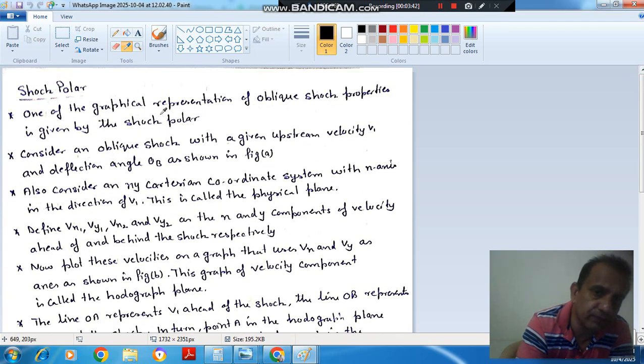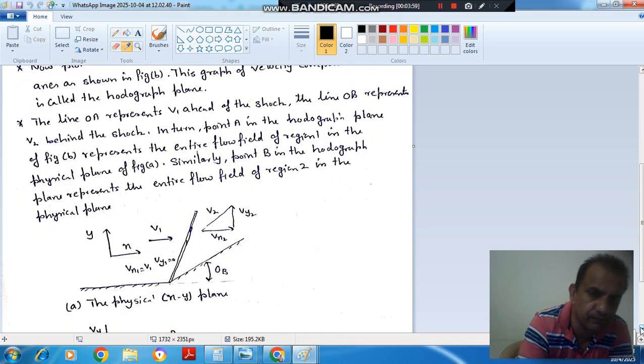The first point is, one of the graphical representations of oblique shock properties is given by the shock polar. Second point, consider an oblique shock with a given upstream velocity v1 and deflection theta b as shown in figure A. This is v1 and it is deflected by an angle theta b and becomes v2.